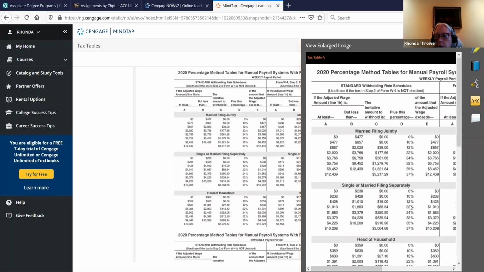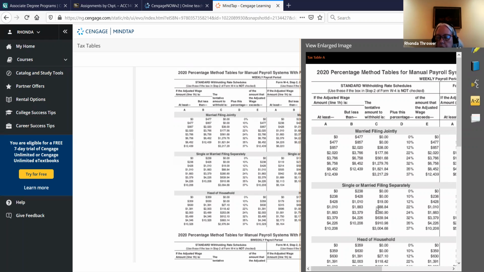If I were you, I would write this down. Write down the salary that was given in Cengage for the first employee, which was $1,040. Subtract from that $1,040 the amount of $1,010. This amount is subtracted from your wages because they've already figured the tax on this amount.